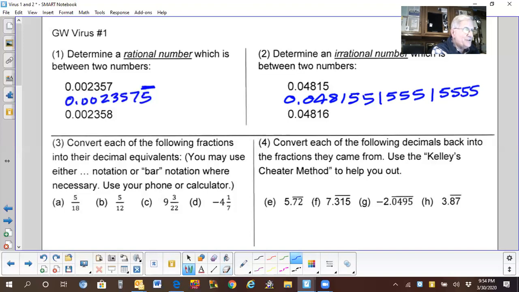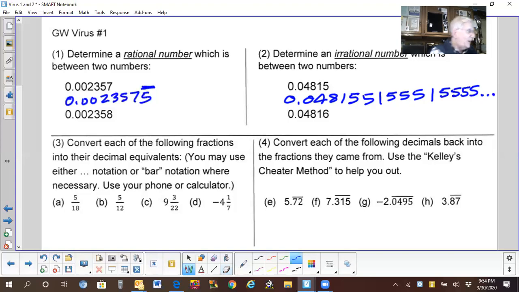Now I've established the pattern. See the 1 and 2 5s, then the 1 and 3 5s, then the 1 and 4 5s. If I put 3 dots after this, it tells me that this continues to infinity, and it also tells me the 5s keep growing. That is an irrational pattern and is a correct answer for question number 2.